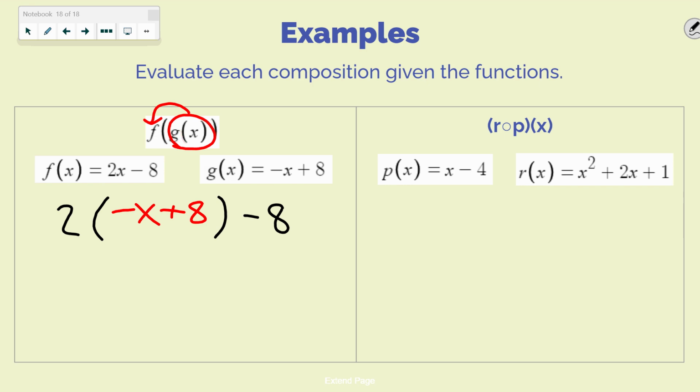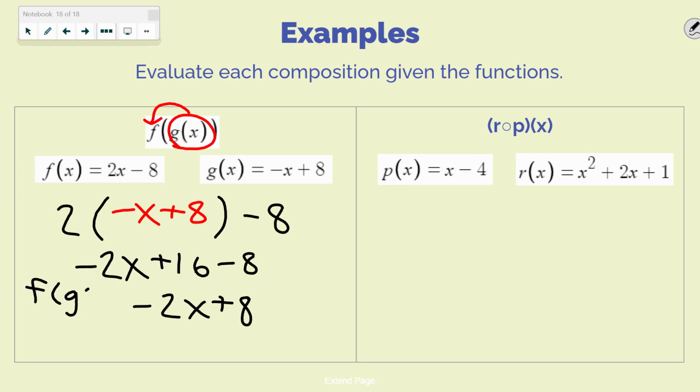That 2 outside of your parentheses is going to tell us to distribute. So I'd have negative 2x plus 16 minus 8. Oh, right. Algebra. We remember that. So keep going. What do I have to do next? Minus 8. Yeah, so 16 minus 8. So I'd end up with negative 2x plus 8, combining those like terms after we multiply through. And that would be f of g of x.